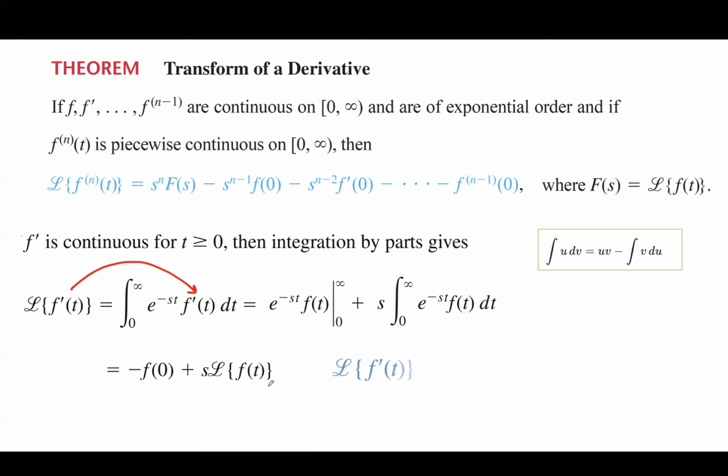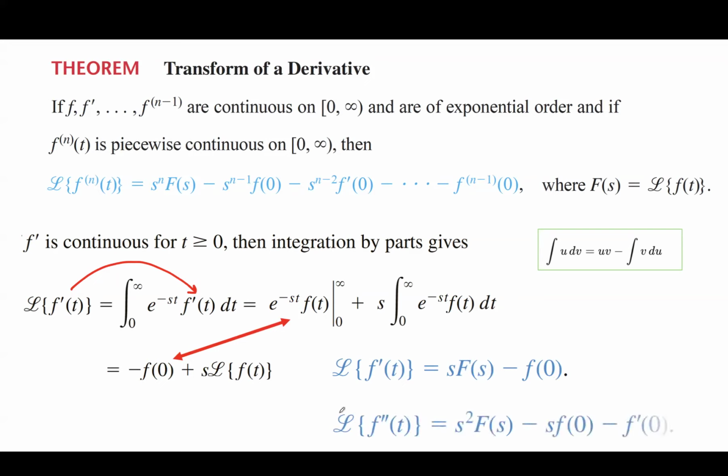So you can say that the Laplace of f prime of t is nothing but s times F of s, again, F of s is represented by the Laplace of f of t, minus f of 0. With the same argument, we can write down the Laplace of the second derivative of f, which is s squared F of s minus s times f of 0 minus f prime of 0.